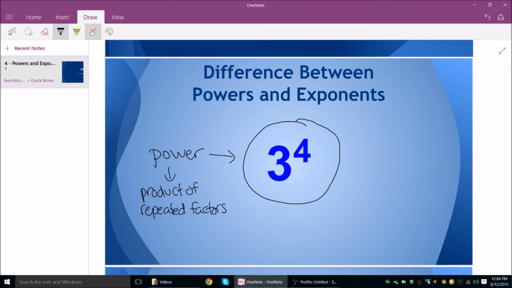Then a power is made up of 2 parts. The first part is the base, and the base is the factor that we want to repeat. And then this part is what is called the exponent, and the exponent tells you how many times to repeat your factor.